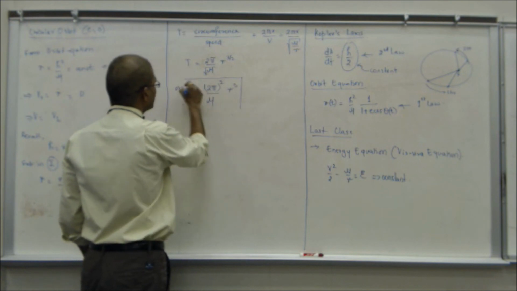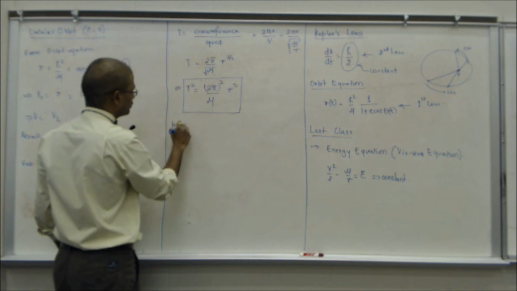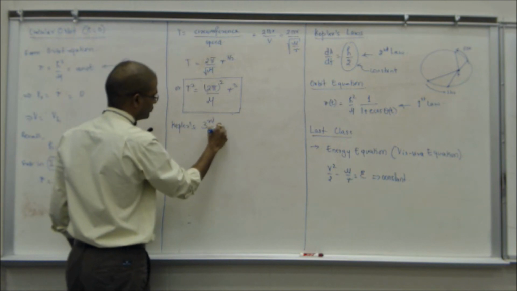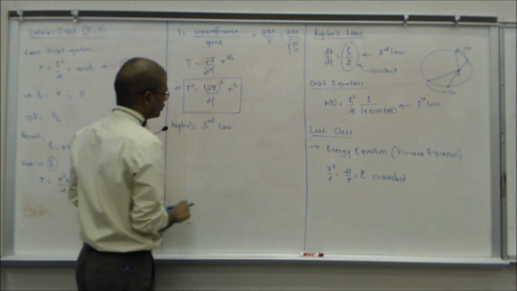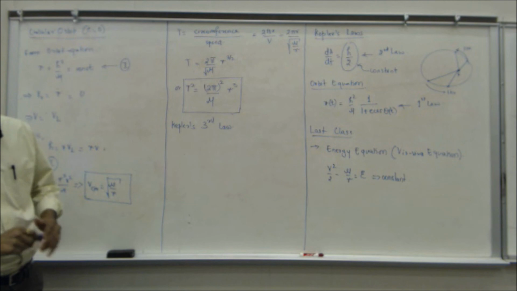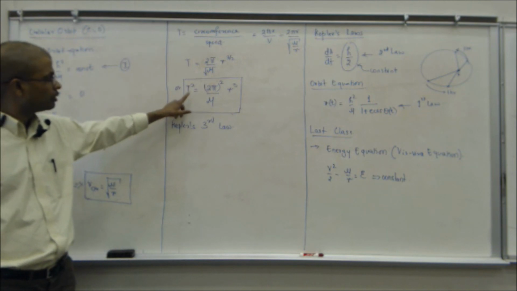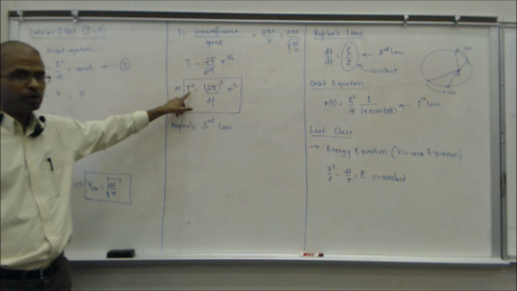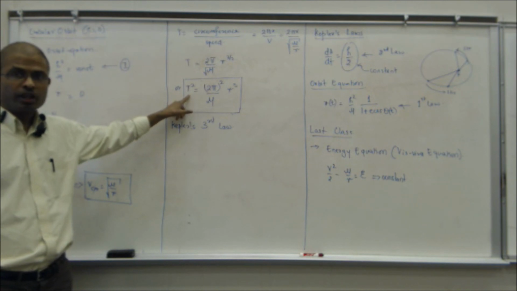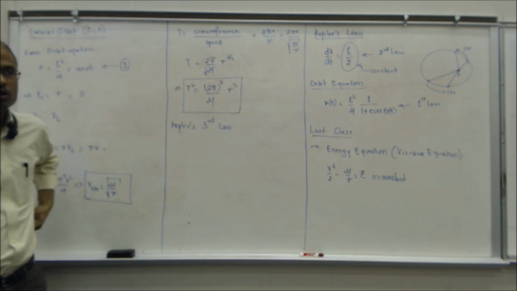This is a very important result. This is Kepler's third law. Okay. So Kepler's third law says the square of the time period is proportional to the cube of the distance.